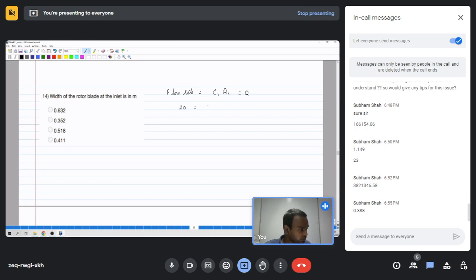C1 is 80 meter per second, and area is pi d1 into b1, and d1 is known, so calculating b1 we will have 20 by 80 pi into d1. d1 is 0.19, and then you can calculate b1.